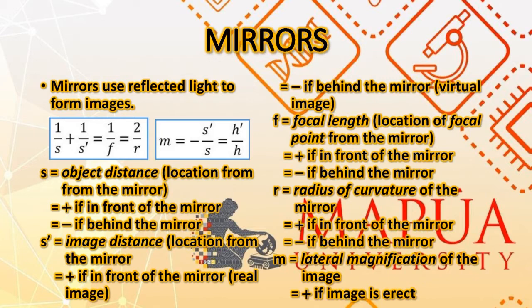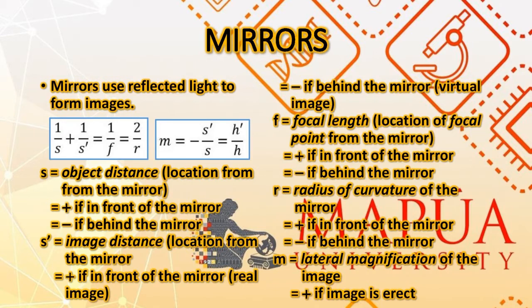We also have the following equation. M is equal to negative S prime over S is equal to H prime over H. M is referred to as the lateral magnification of the image. The image may be smaller or bigger than the object, and that is reflected by the magnification M. M may be positive or negative.